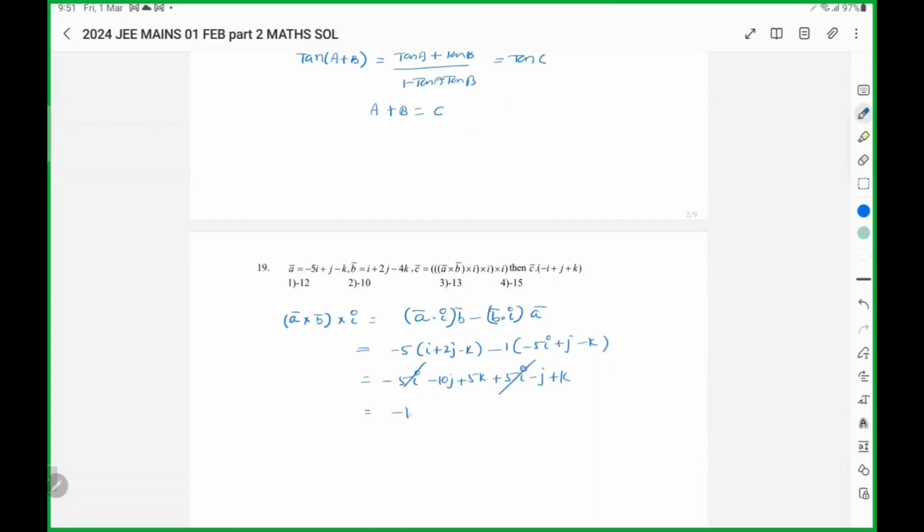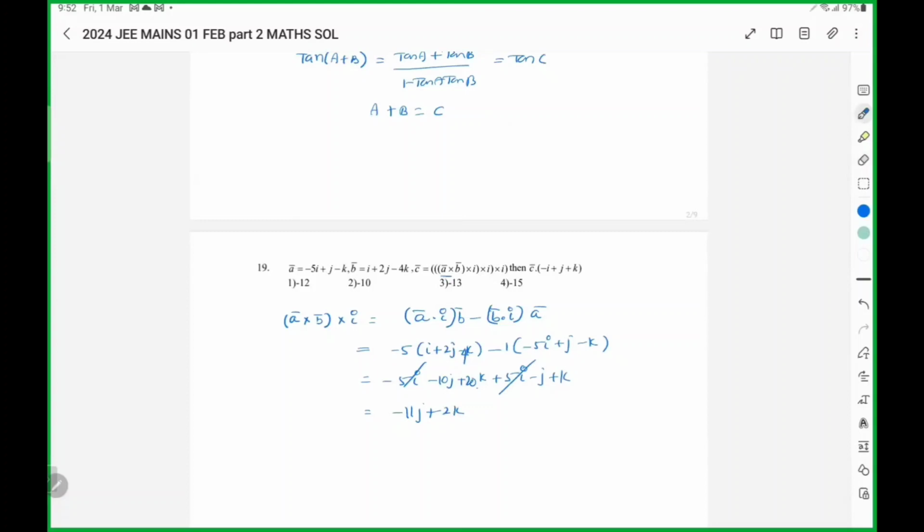So minus 11j plus, here it is 5k plus k, which is 6k. Here it is 4k. So this one is 20k plus k. Here it is 21k.